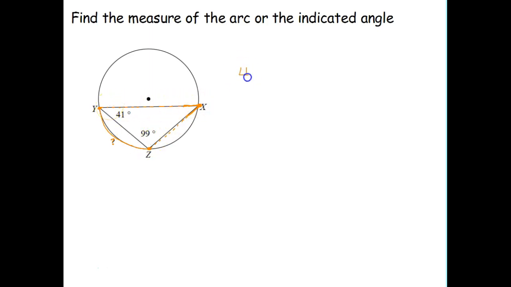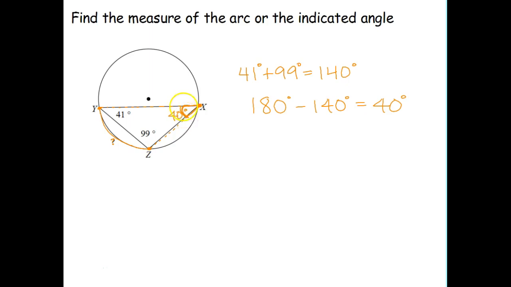So if we take 41 plus 99, that's 140 degrees. To find this third angle here, we just have to take 180 minus 140, which is equal to 40 degrees. So we know that this angle, angle X, is 40 degrees.